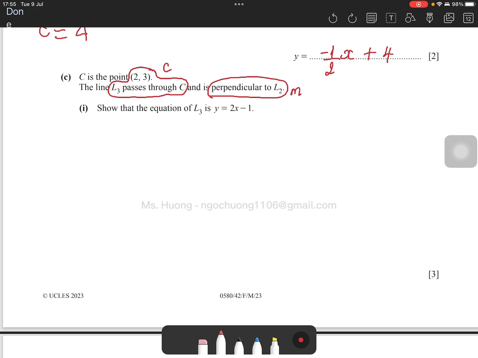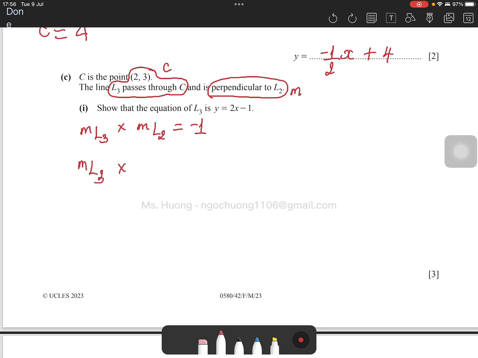So, first, let's talk about the gradient. You know that if L3 is perpendicular to L2, then the gradient of L3 multiplied by the gradient of L2 is -1. According to question B, the gradient of L2 is -1/2.